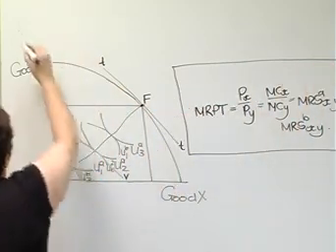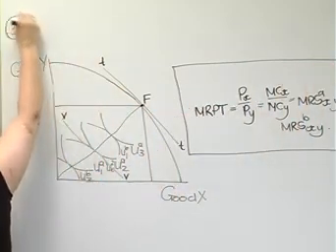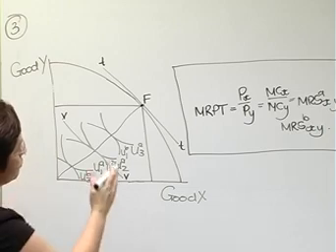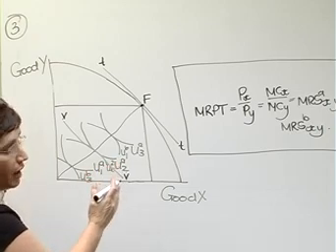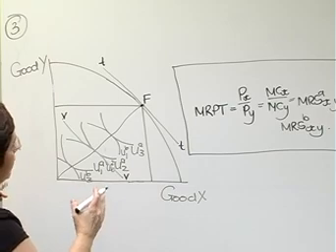This is your third condition, okay, for simultaneous consumer and producer equilibrium.